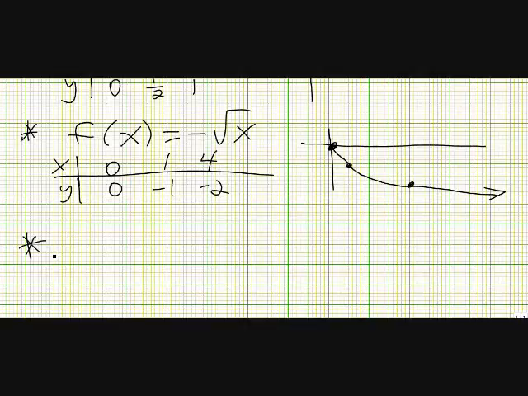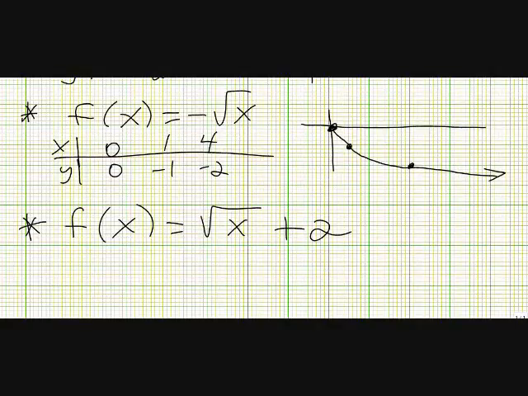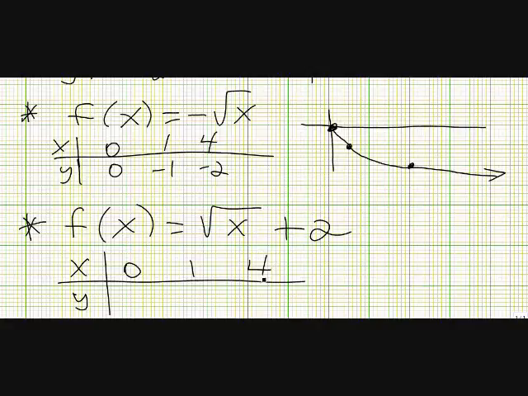All right, now we'll look at the h's. Oh no, let's look at the k's first. I'd like to do the k's first, I think. So, square root of x plus 2, the 2 outside the square root, that's the k. What do you think that k will do? What do they usually do with our translations? Is that up down or left right? Up down. K's are up down. So let's verify that this one is, as we suspect, an up down translation. 0, 1, 4.